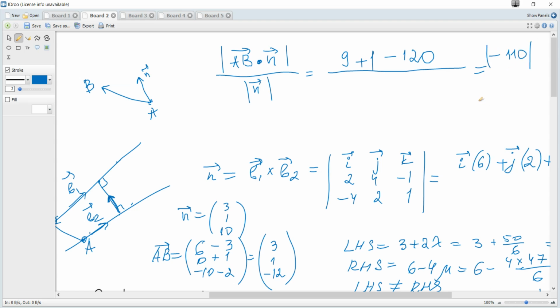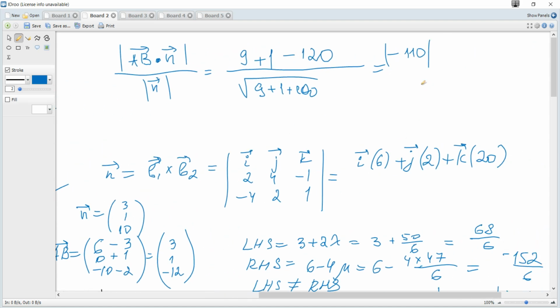And the magnitude of n, it's what? Root of 9 plus 1 plus 100, so it's a root of 110, so finally it's a root of 110.